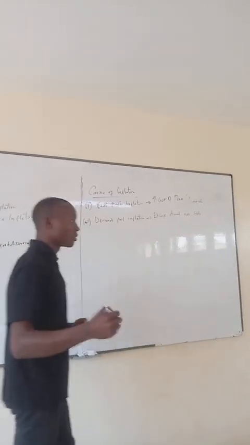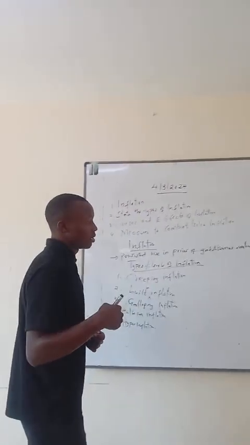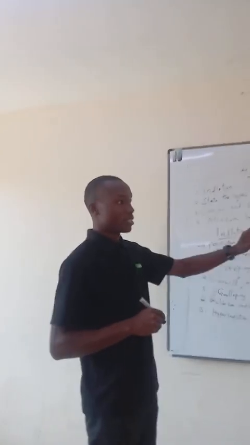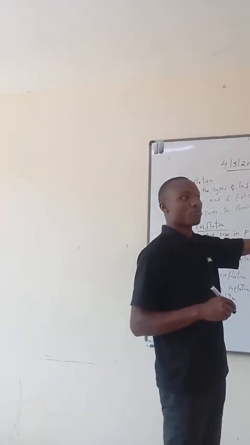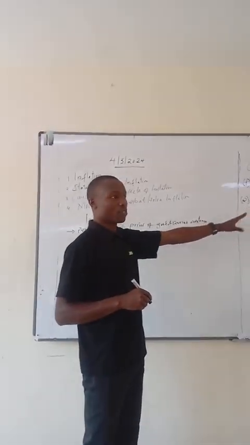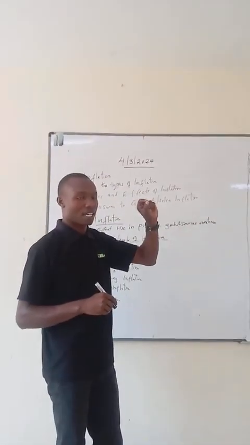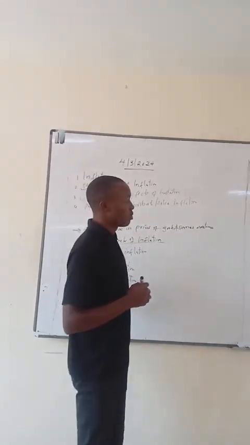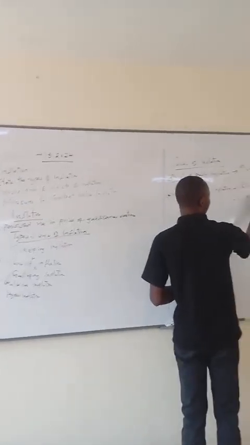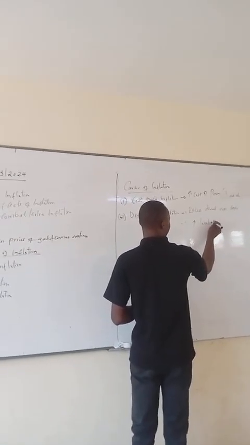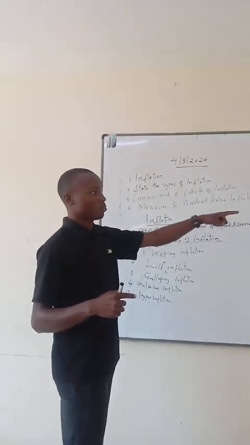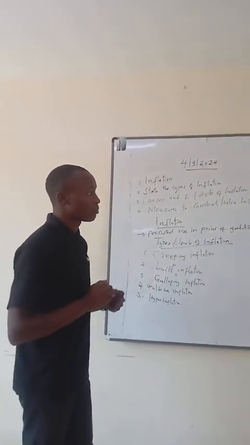Like in our scenario, if we have many people demanding bread, whereas the supply of the bread is low, then you're going to experience demand pull inflation. The demand for that product is higher than the supply. What can cause this? It can be caused by increased taxation. When you increase the taxes, you're going to experience demand pull inflation.